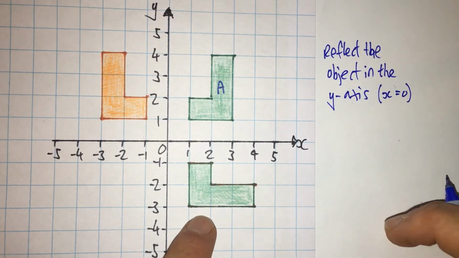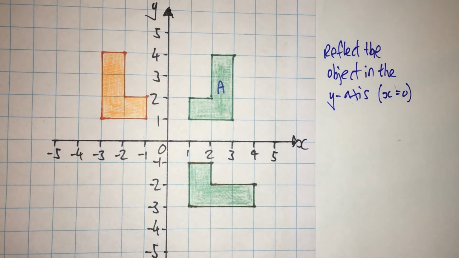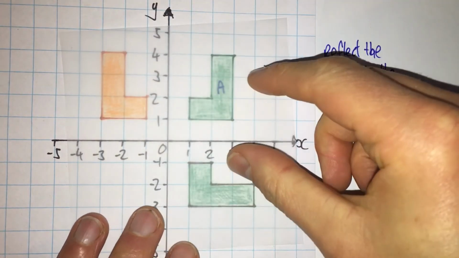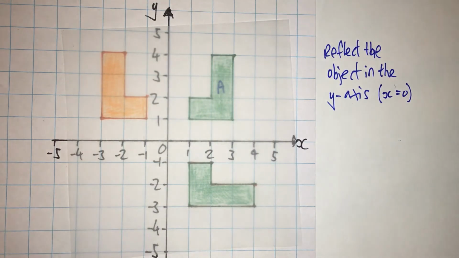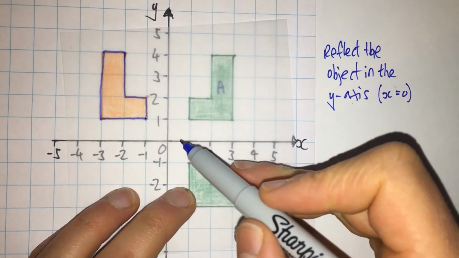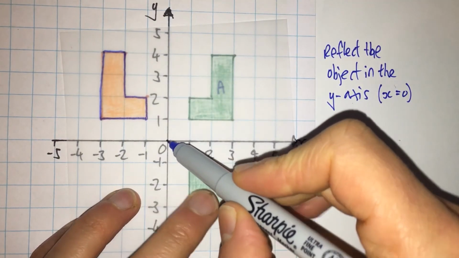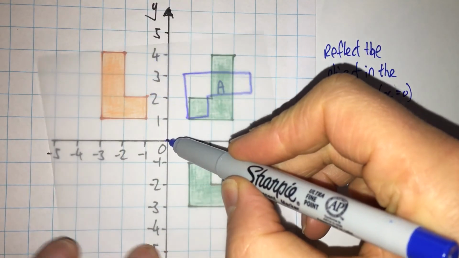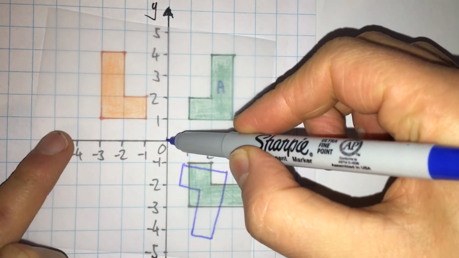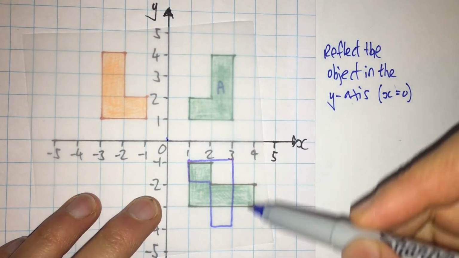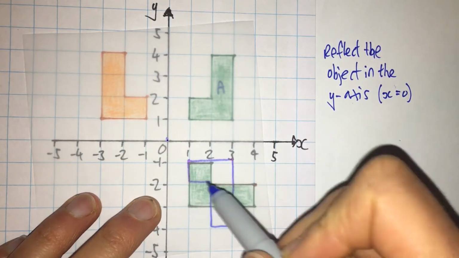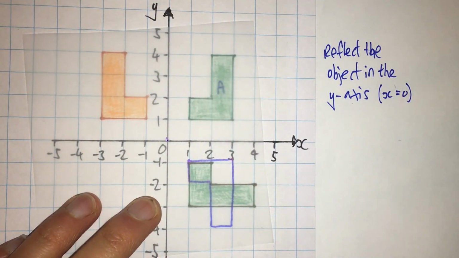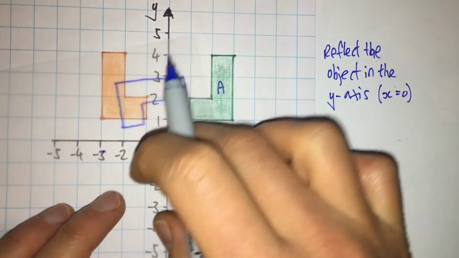The second one looks like it could be a rotation, so we'll investigate that. Here's some tracing paper. So if we trace the object, let's just put our centre of rotation there and start rotating that shape. And when it gets into this quadrant, we can see that actually it's not got the same orientation as the green shape. So it's not a rotation.